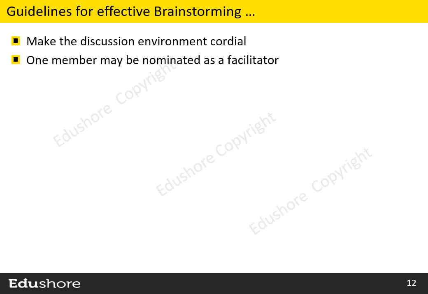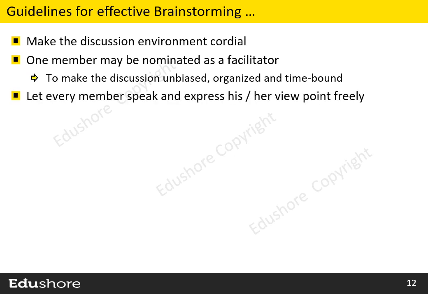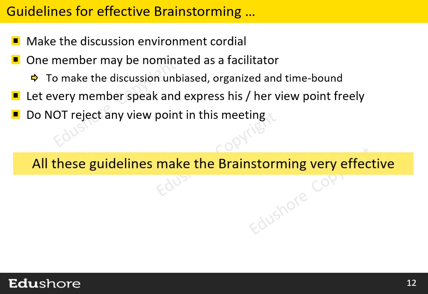One member may be nominated as a facilitator to make the discussion unbiased, organized, and time-bound. We should let every member speak and express his or her viewpoint freely. And we should not reject any viewpoint in this meeting. All these guidelines make the brainstorming discussions very effective.